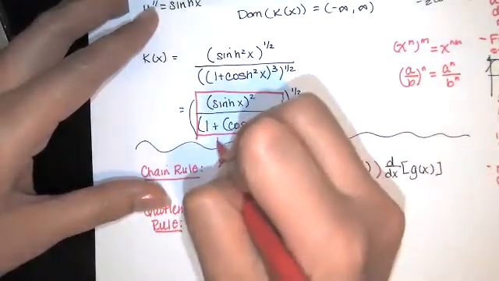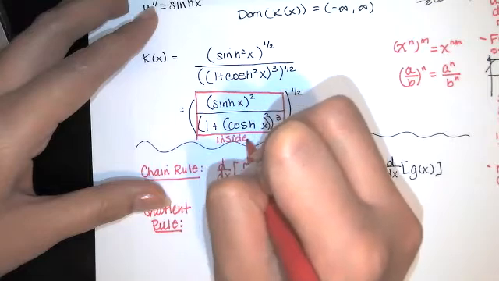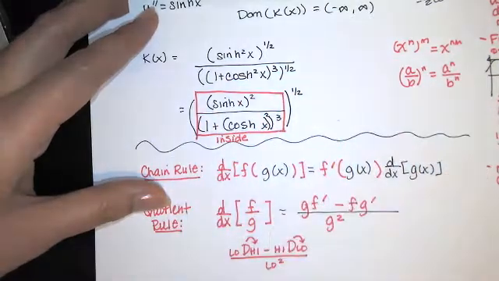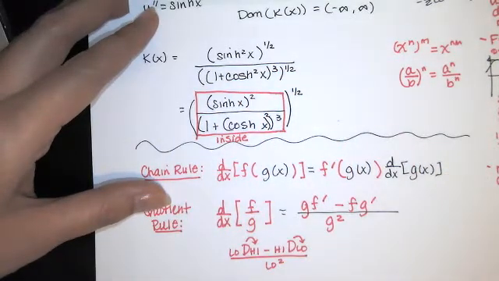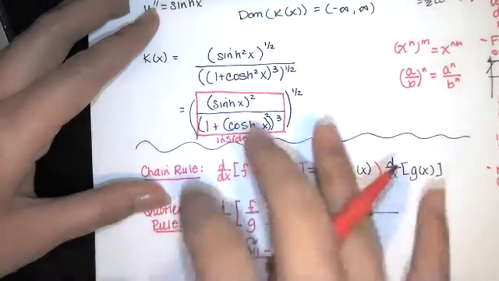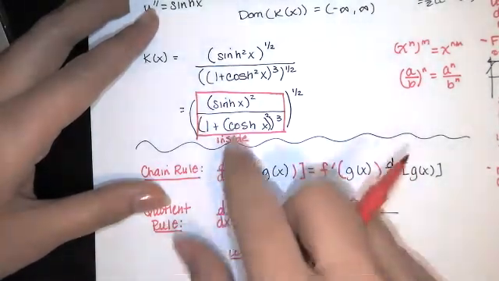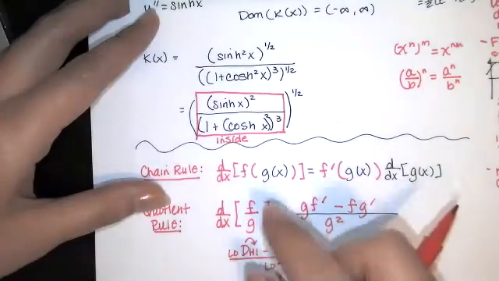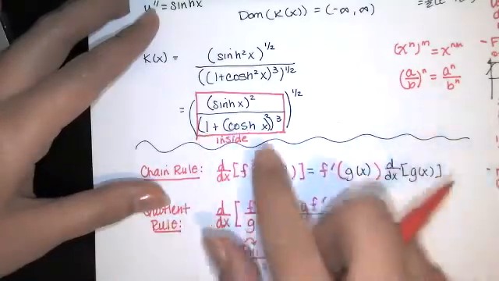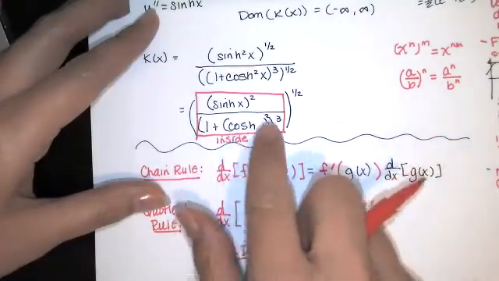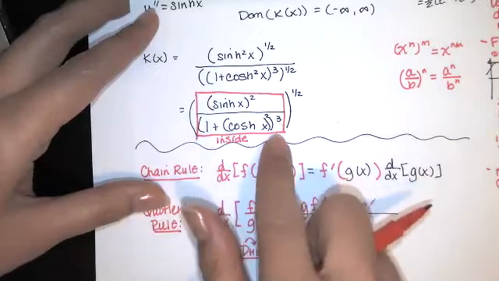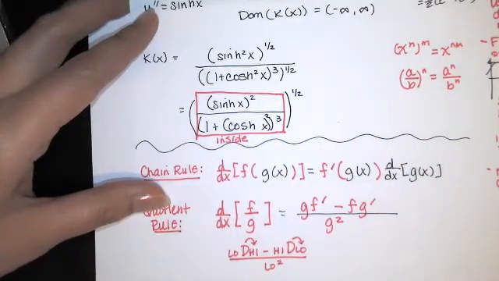So I'm going to use the chain rule, where this is my inside function and my outside function is that power function. Now, you might be saying, which one is the inside function? It looks like hyperbolic sine of x could be the inside function, hyperbolic cosine of x could be, or 1 plus hyperbolic cosine squared x, inside this cubing function in the denominator. Which inside function are you talking about?